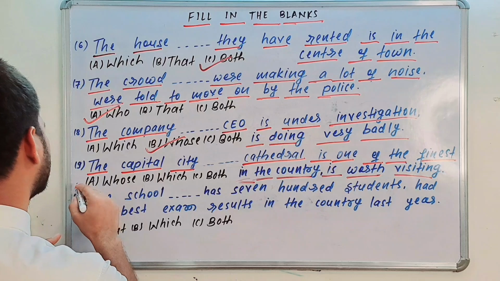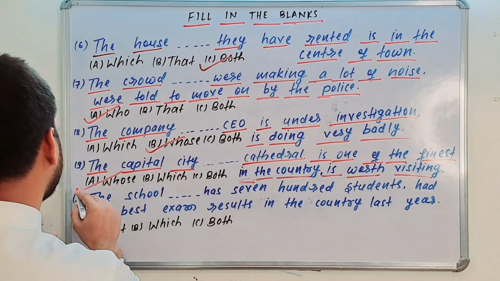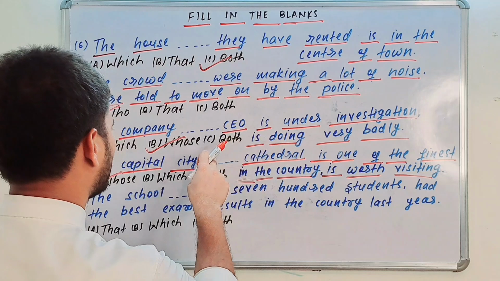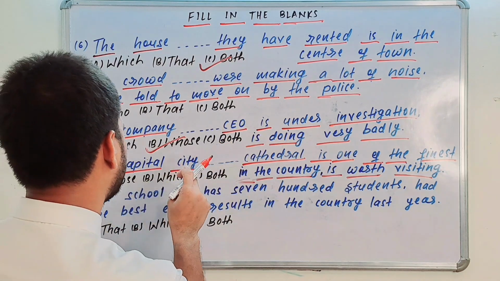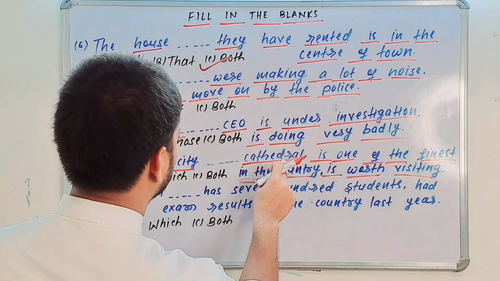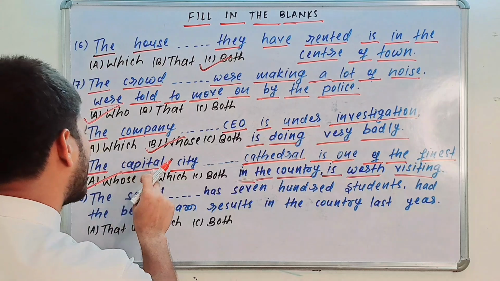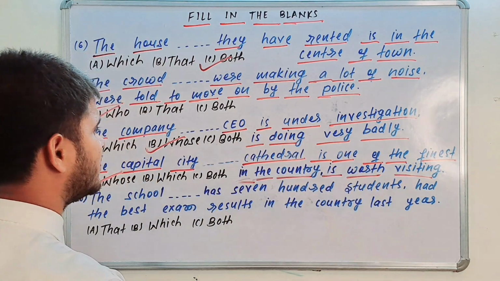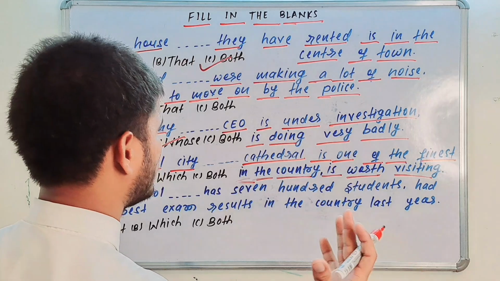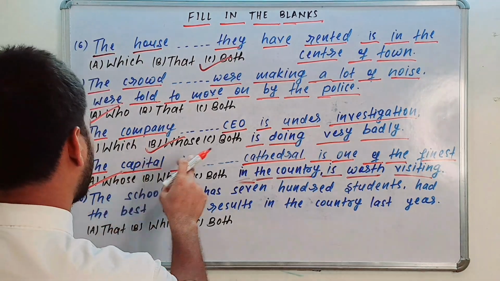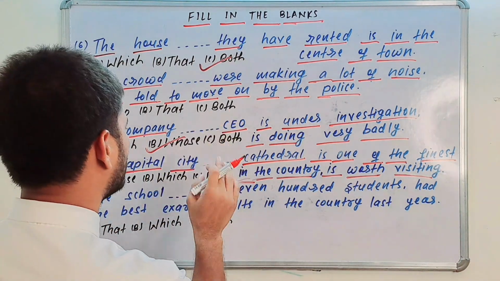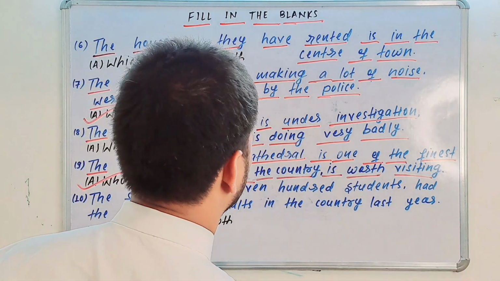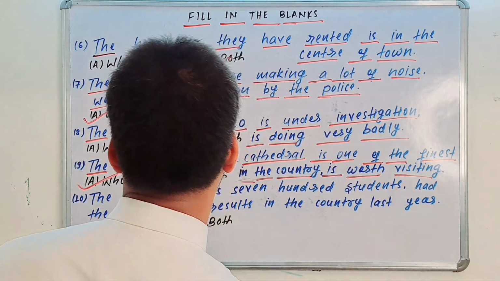Here whose, option A, is the right answer, because again someone is talking about possession. The capital city whose cathedral is one of the finest in the country, is worth visiting.